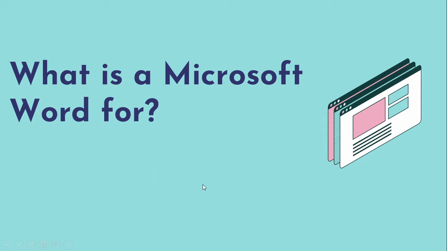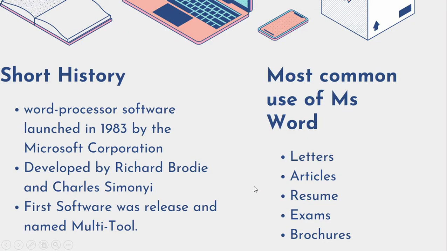Alright, so let's talk about the short history of the MS Word. Another term for this one is the word processor software. It was actually launched in 1983, of course, by the Microsoft Corporation, but initially it was developed by Richard Brody and Charles Simonyi. The first software they created was named Multi-Tool.